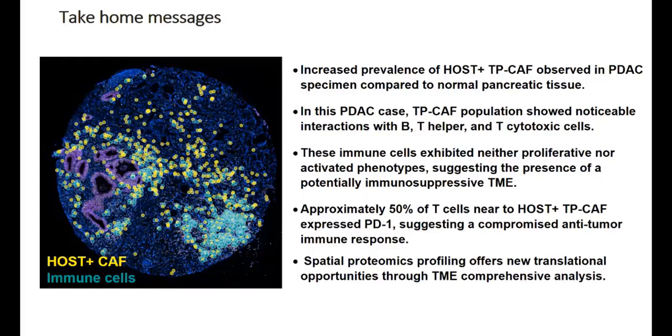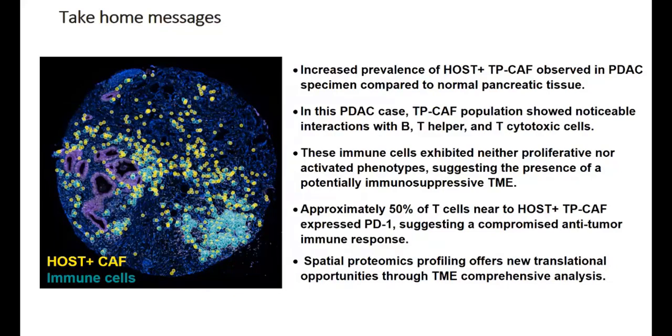And with this, I want to leave you some take-home messages. First of all, we found an increased prevalence of these host-positive tumor-promoting calves in the specimens of pancreatic cancer versus normal tissue. These fibroblasts are interacting mainly with B cells, T helper cells, and T cytotoxic cells, but all of these seem to be immunosuppressed.